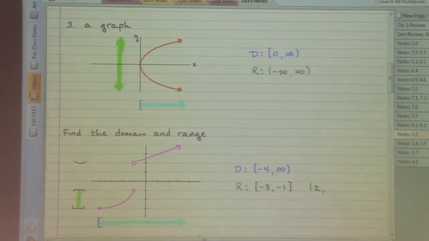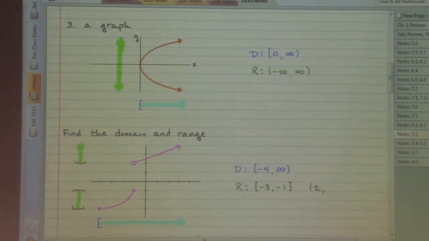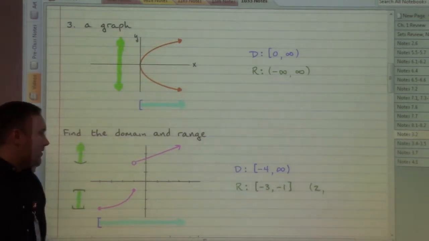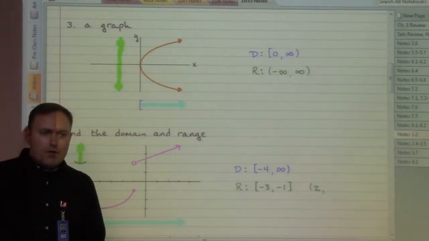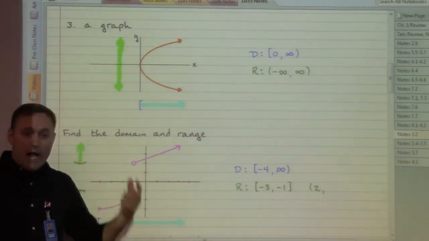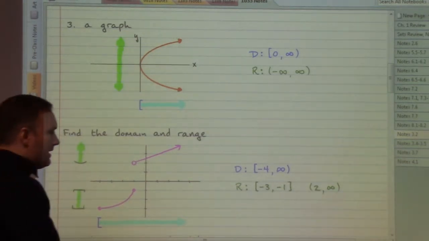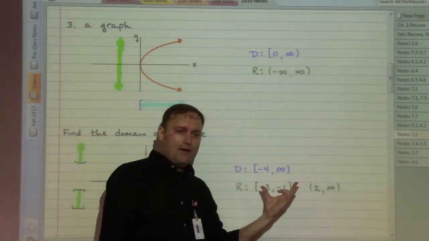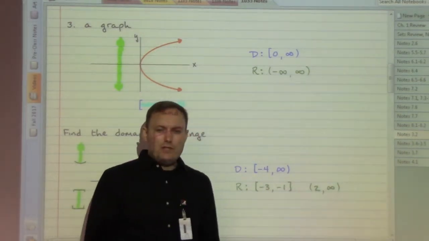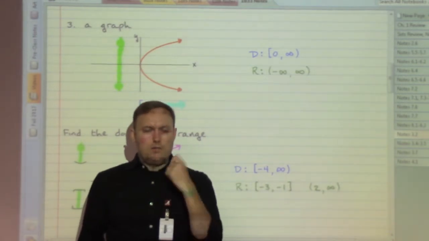But as soon as I move past that circle and start looking farther up, I do get to continue on and eventually see that arrowhead again, which is pointing in the upward direction. So the rest of those numbers do get covered by my little green highlighter. Looking at things that way means that we would have the infinity and the parenthesis, but we are missing one last thing, because officially I have two separate pieces, and the range and the domain are supposed to be one set.